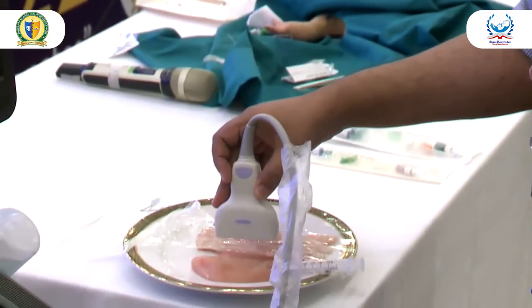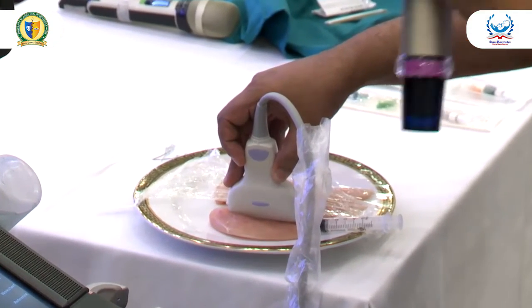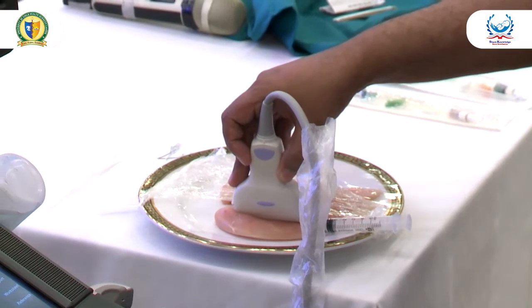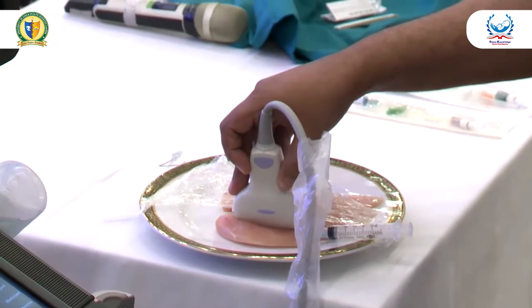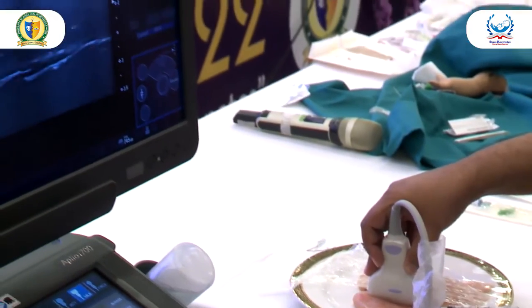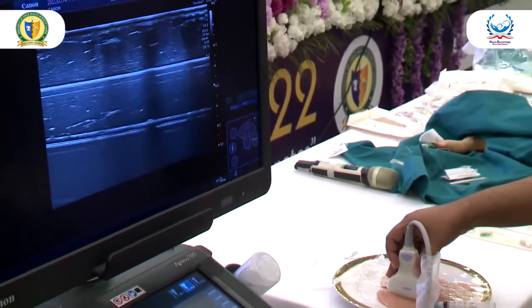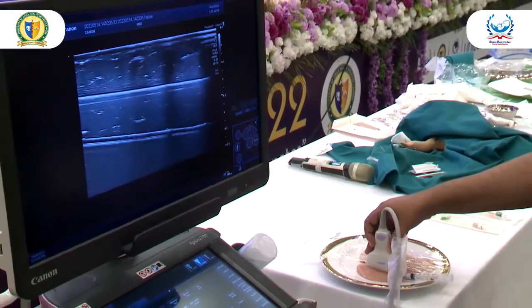You place it like this on whatever you are going to see. Now, on the screen, you are watching a 2D image. Please focus on the machine screen.